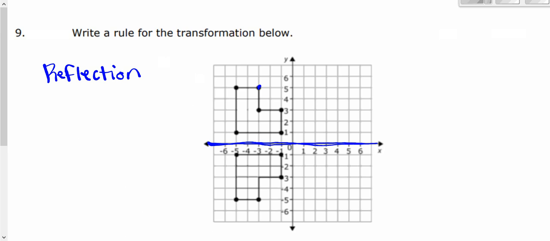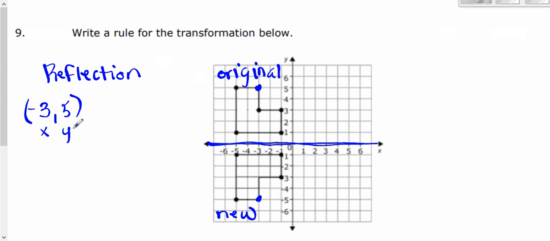So I'm going to take these points. So if this was my original, and this was my new, I have -3 and 5 in my original. And in my new one, I have -3 and -5.